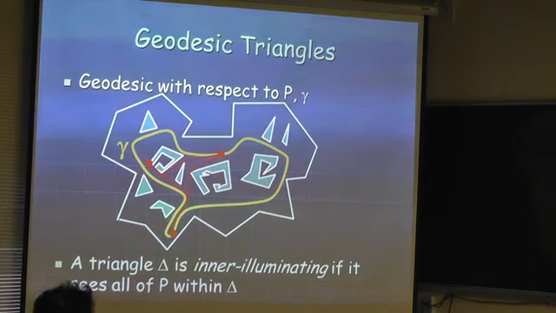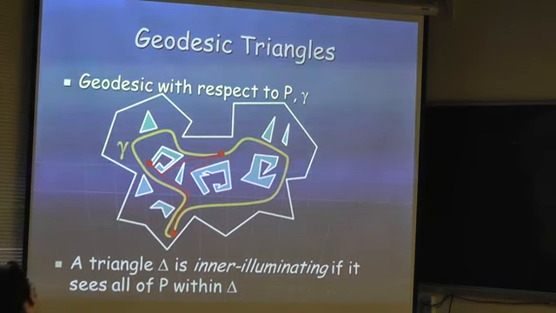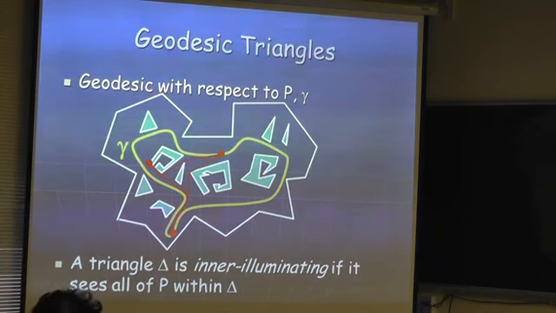And I look at geodesic inner illuminating triangles. And what I argue is that you can take gamma and geodesically triangulate it and get a covering. And I'm going to look for an optimal cover using weighted set cover, using a known algorithm called the greedy algorithm for set cover. I will perform the coverage.